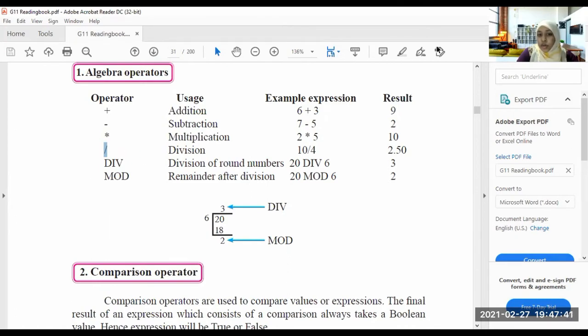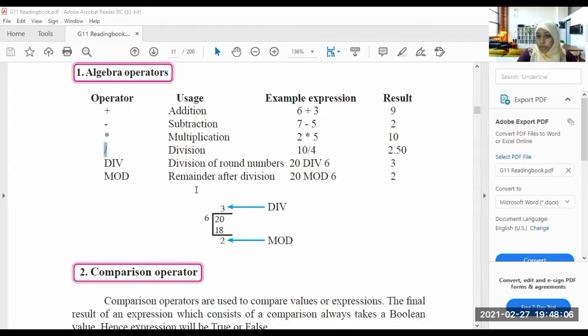Div means division of round numbers, and mod means remainder after division. The usage of addition, subtraction, multiplication, and division, everyone knows.